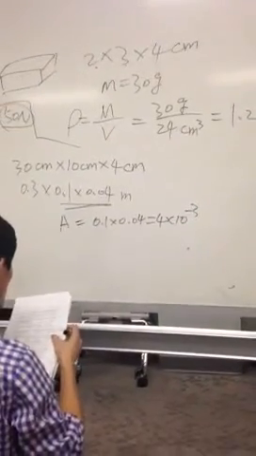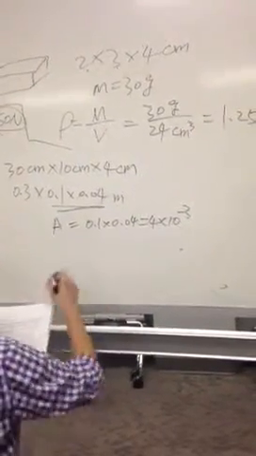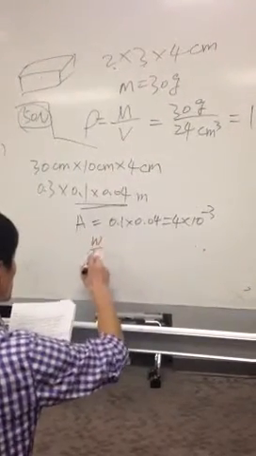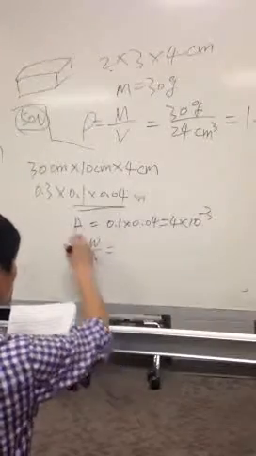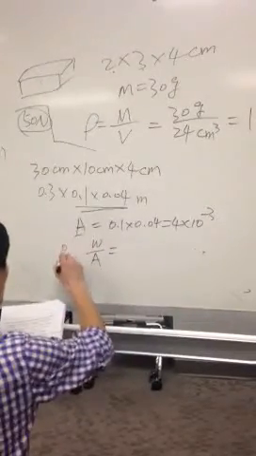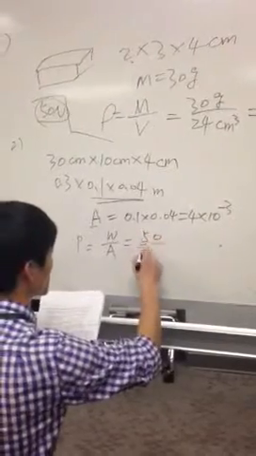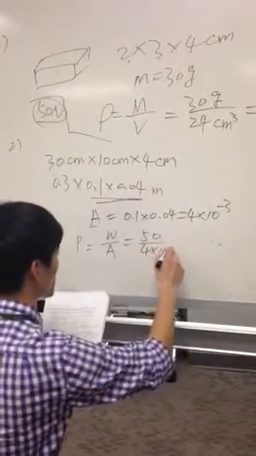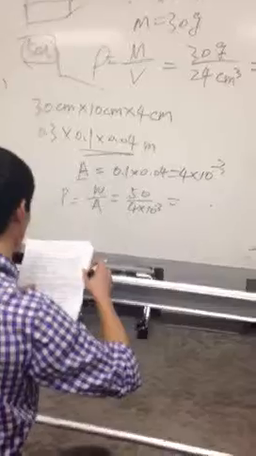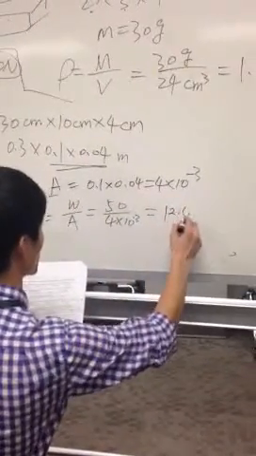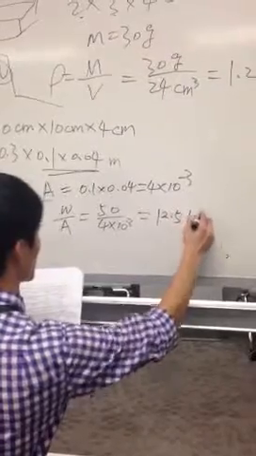And then we know it's 50 Newton. So the weight over the area, that is the pressure. It's 50 over 4 times 10 to the negative 3, and you will get 12.5 K.